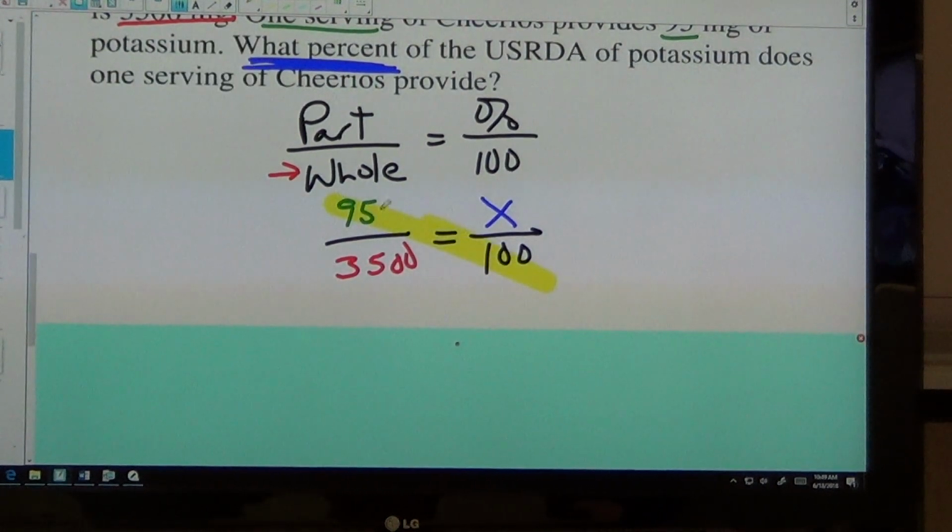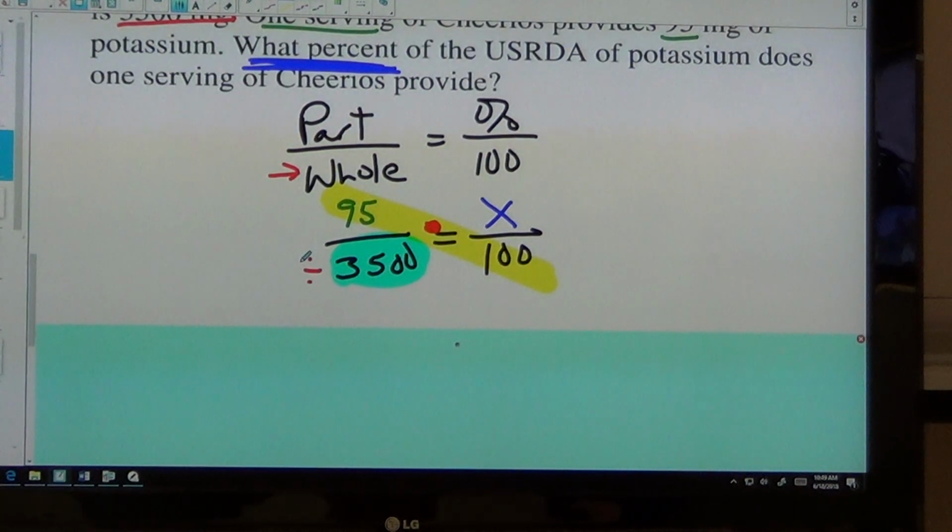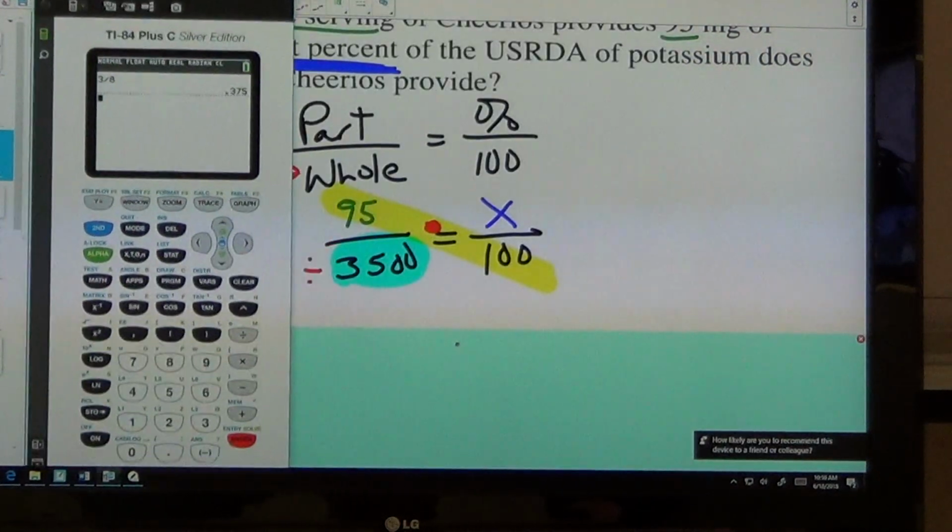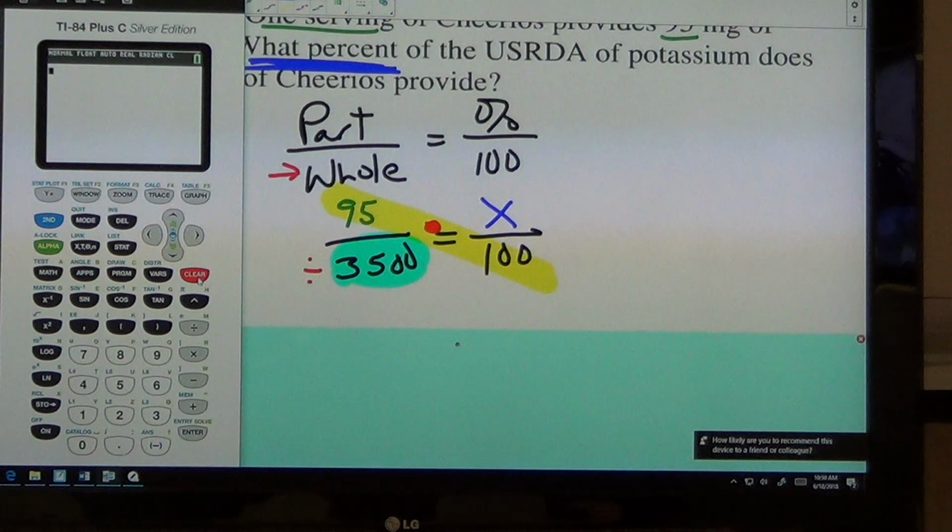Now, when we do these, we always multiply the numbers that are diagonally across from each other. So we're going to multiply those two numbers, and we're going to divide by our loaner, the number that's across from the variable. So we're going to do 95 times 100 divided by 3,500.